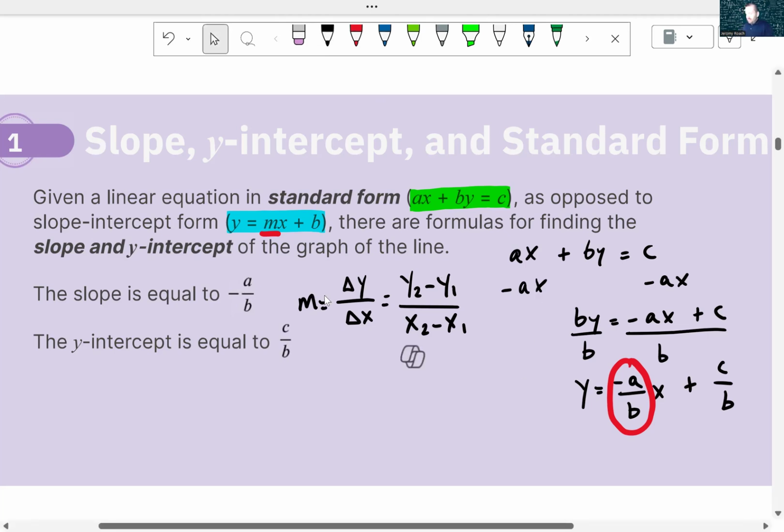But this is all just the algebraic reasoning behind it without numbers, and I always think this is much more difficult to learn when there's no numbers. Just know that slope is next to the x. We also write it in terms of m when we have it equal to 1y.